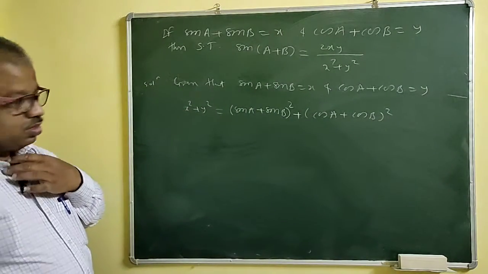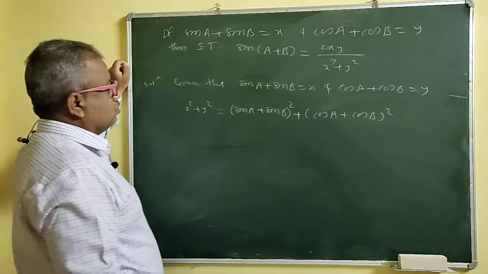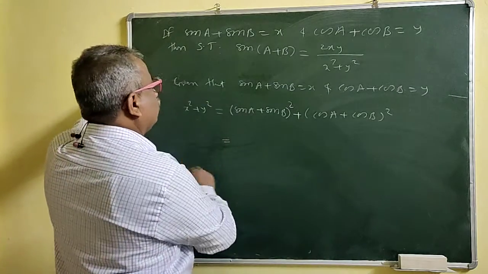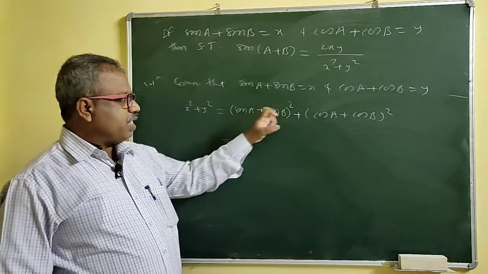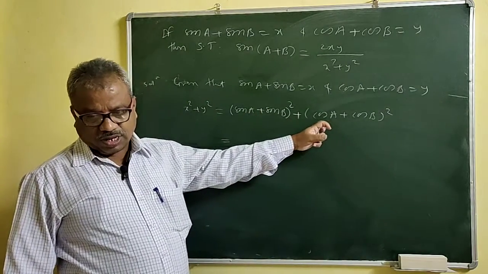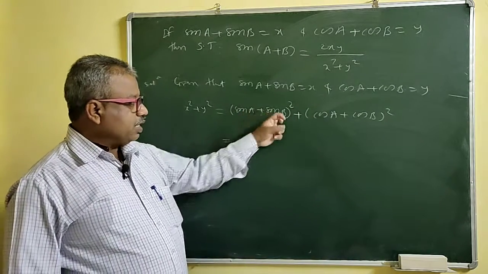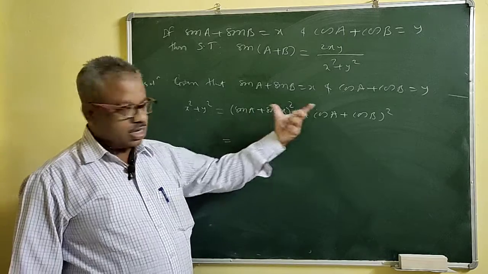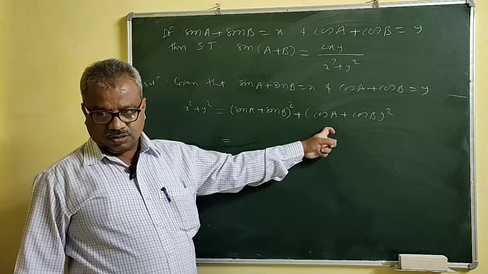Okay, we'll expand this. So what we get now, see actually now we'll see the sin square A plus cos square A. Without expanding we can do this one, right? See what we get is, take the square of the first term here, right? Sin square A plus cos square A is 1 now, right?